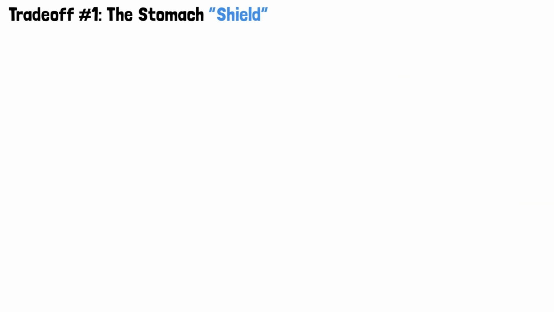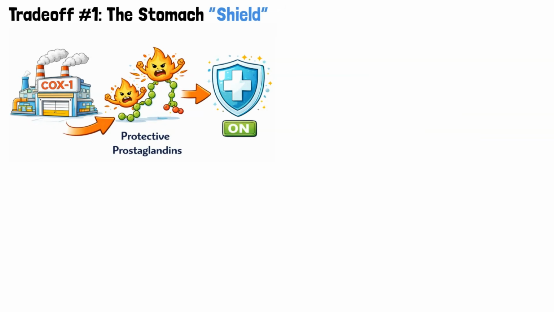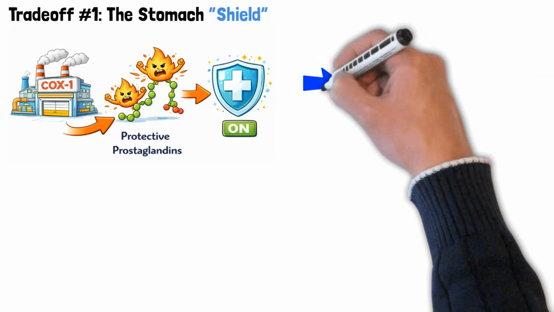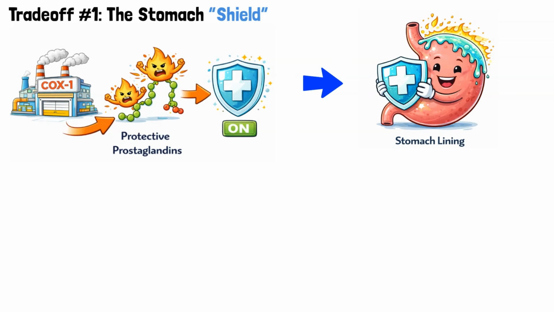Okay, so everything sounds amazing. So why doesn't everybody take ibuprofen constantly? Well, that's a really bad idea. And the reason is those prostaglandins also do a bunch of important protective and regulatory jobs throughout the body. The first trade-off is in the stomach. So your stomach is basically a bunch of acid and enzymes that's all collectively being held together by your stomach lining.